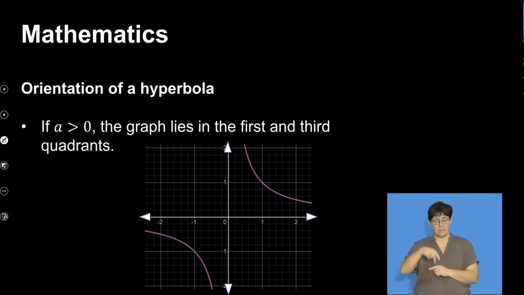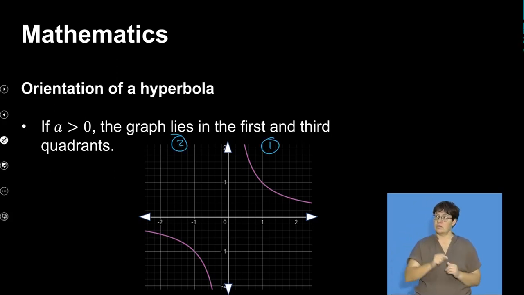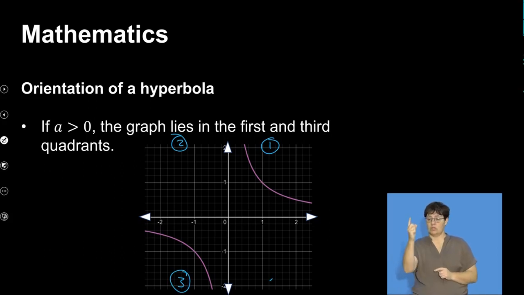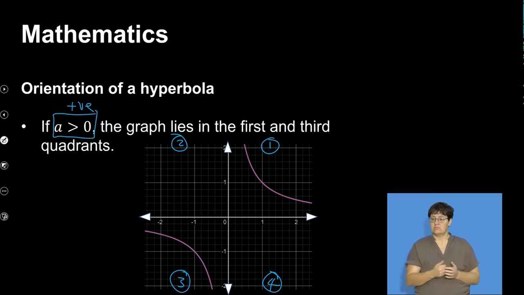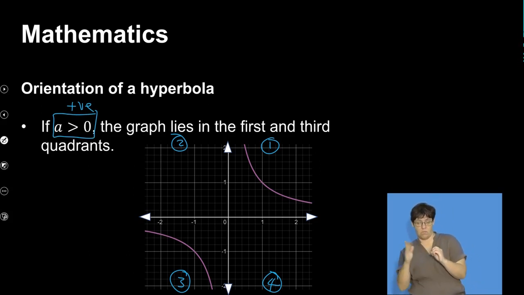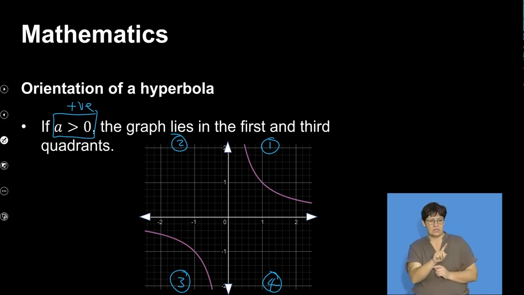Now, if a is greater than 0, the graph normally lies in the first and the third quadrants. Remember, this is my first quadrant, that's my second quadrant, that's my third, and that is my fourth. If a is positive, it simply means that the gradient, although we don't really talk about the gradient with a curve, which is normally change in y over change in x, is a positive one.